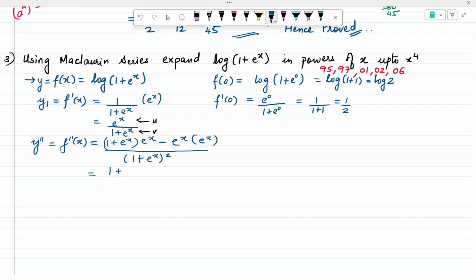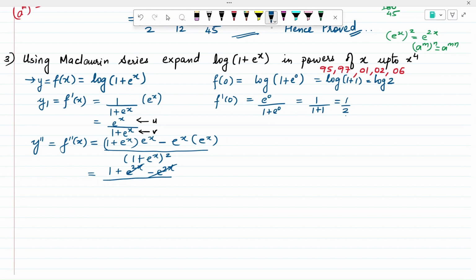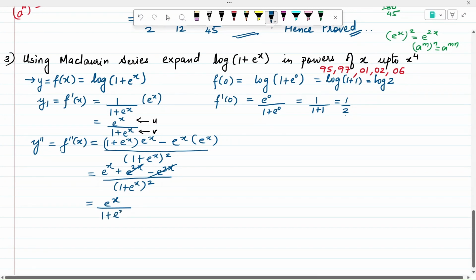This is e raised to x the whole square basically. So how do I calculate that? e raised to x square becomes e raised to 2x. Why? Because a raised to m the whole raised to n is a raised to m into n. Okay? So e raised to 2x minus e raised to 2x again. So this gets cancelled and the first term is e raised to x, not 1. And you'll have 1 plus e raised to x the whole square. So we are left with e raised to x upon 1 plus e raised to x the whole square.